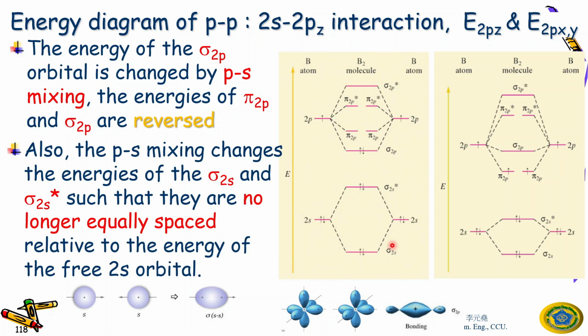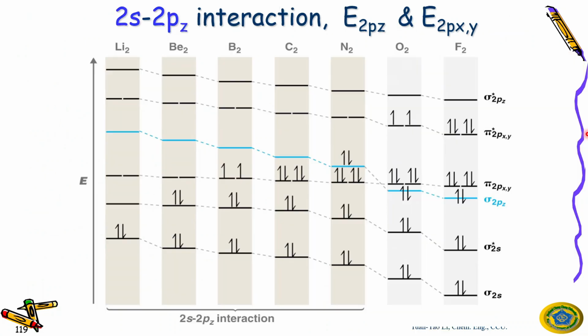Okay. Also the s-p mixing changes the energy of the sigma 2s and the anti-sigma 2s orbitals, such that they are no longer equally spaced relative to the energy of the free 2s orbital. So the bonding looks like this. Okay, so you have two pi bonds here. So this is the 2s and 2p interaction.